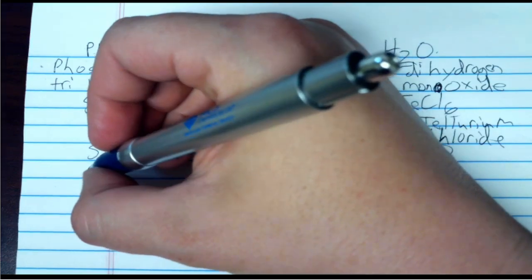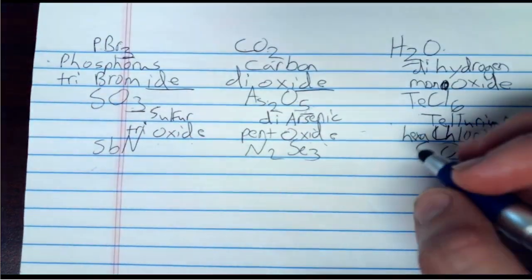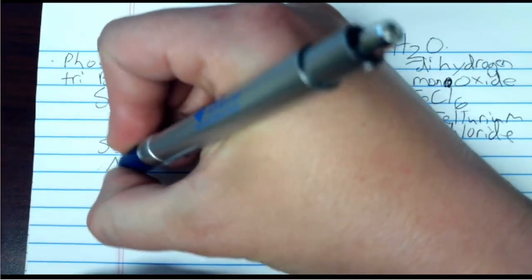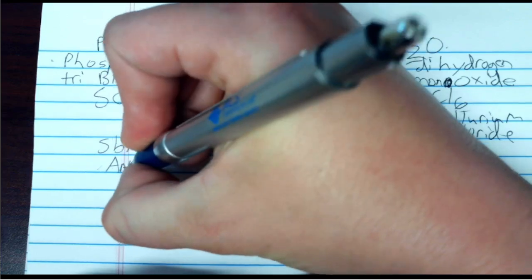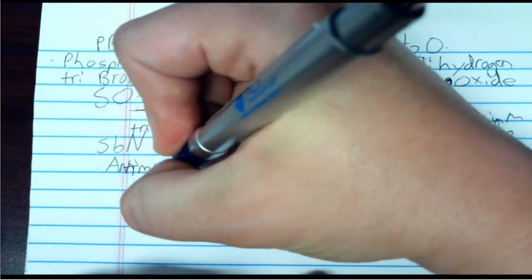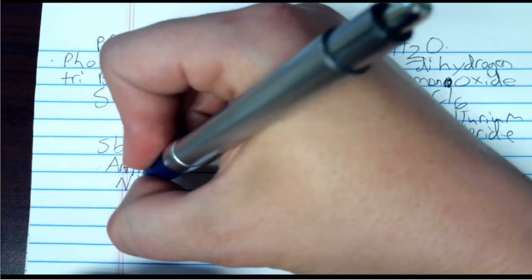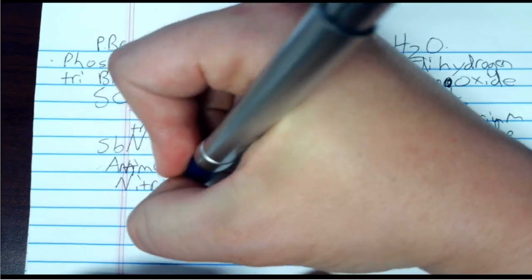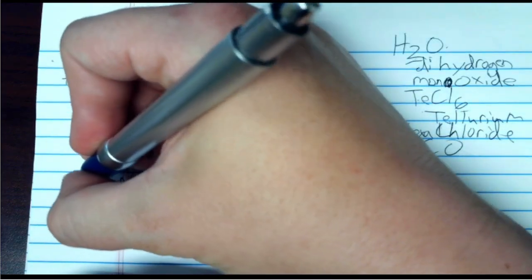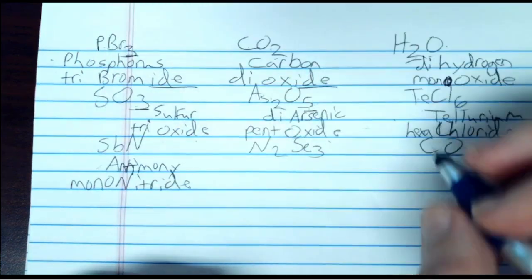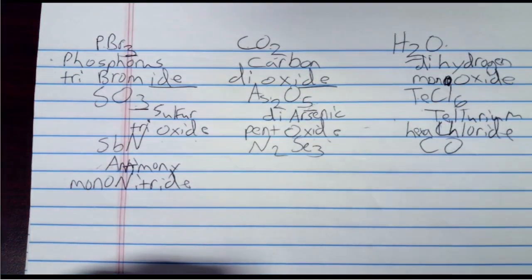SB is an unusual one. You might have to access the periodic table, but SB is antimony. Antimony, that is nitrogen, so it's nitride. And because there's 1, it's mononitride.